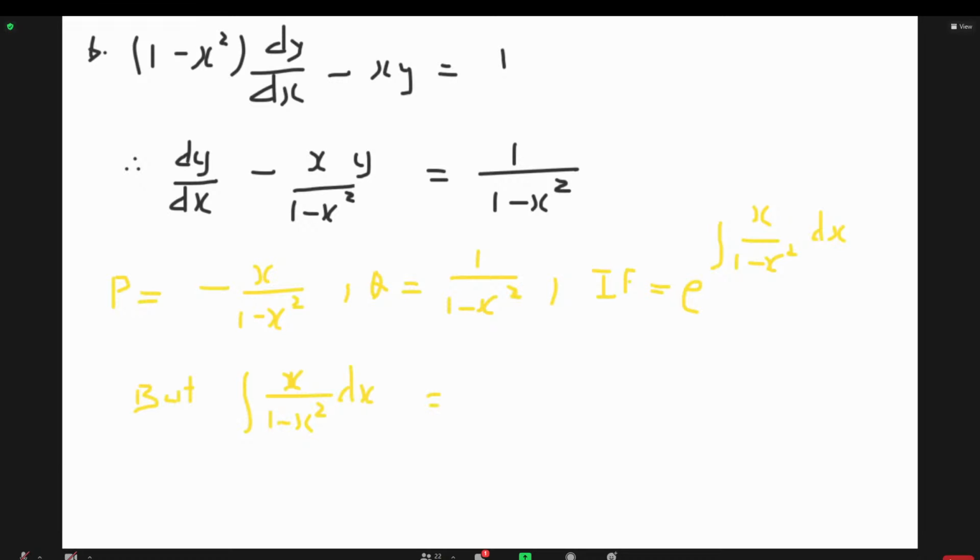So if I put minus a half, see? So once the numerator becomes the differential of the denominator, we use ln.